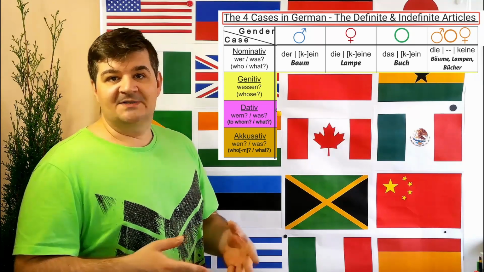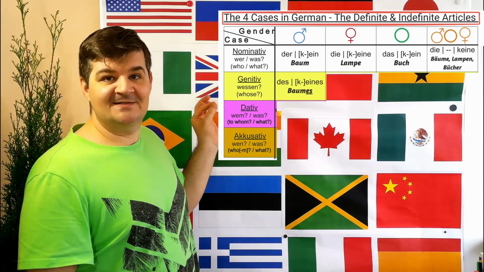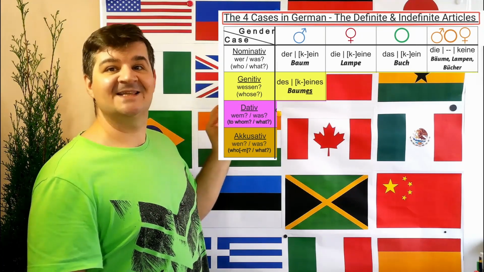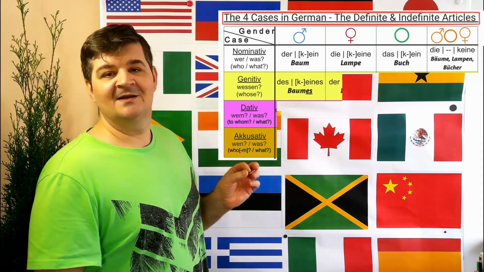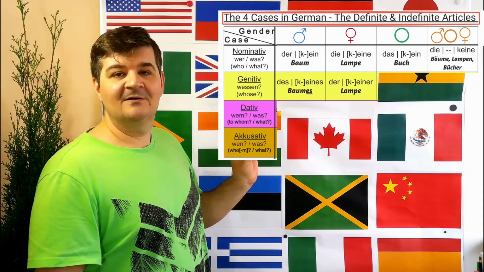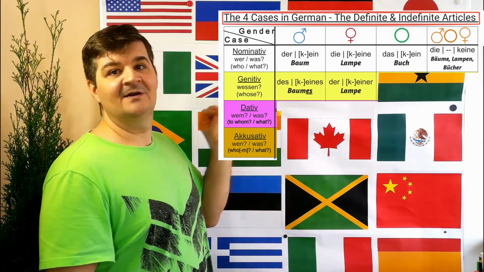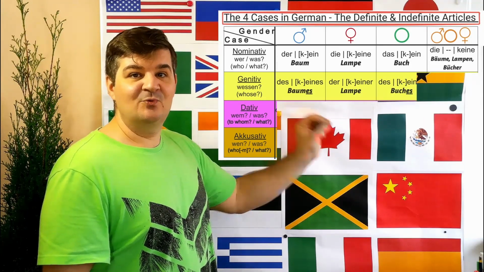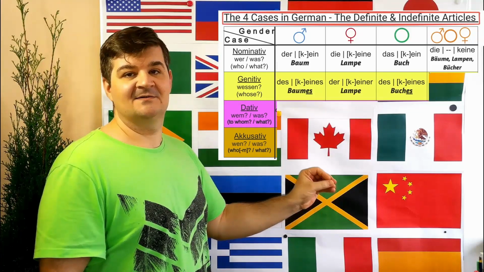So you would, for example, say something like des Baumes or eines Baumes. For the female one, der Lampe or einer Lampe. For the neuter one, des Buches and eines Buches.